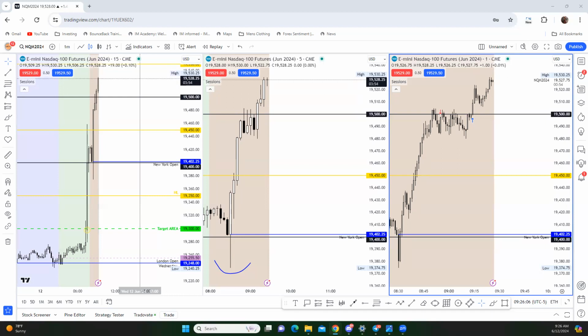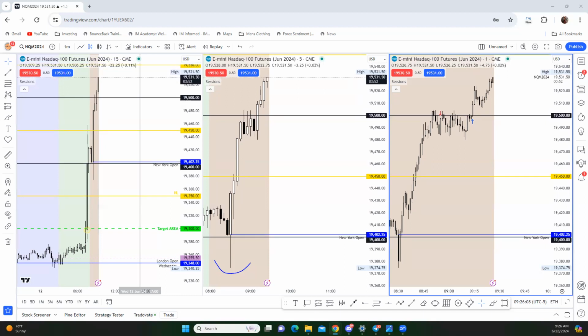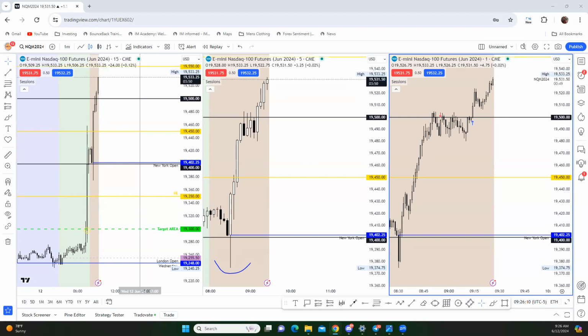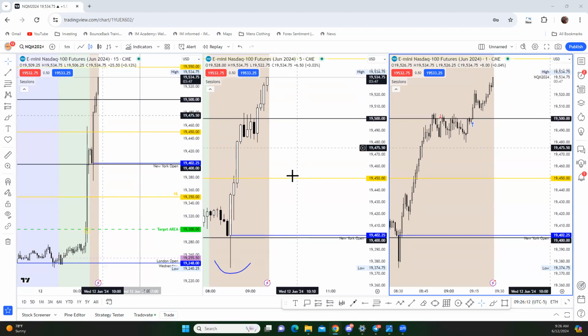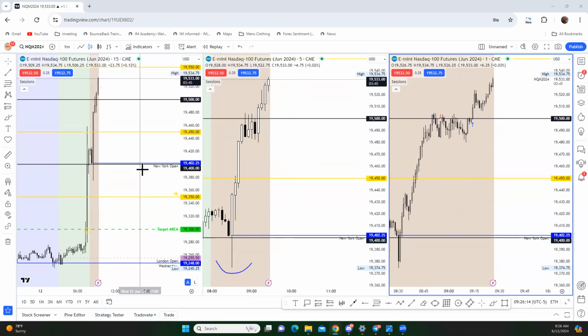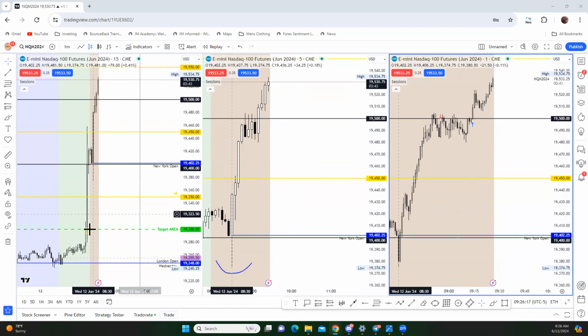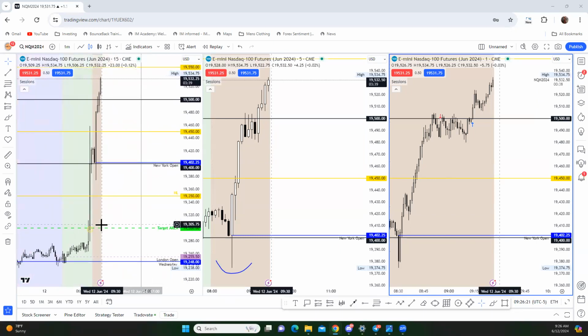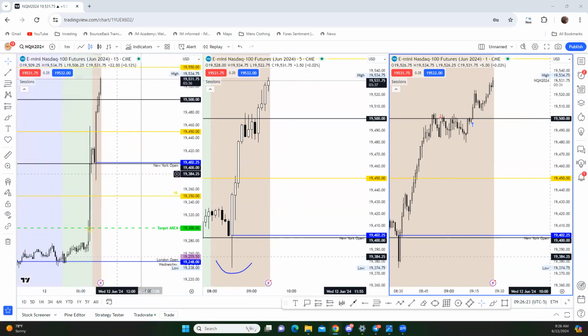I think that's all time highs too for sure there. Getting ready to break 19,550 here in Q. So we've already pushed almost 150 points since New York Open, not even since the news. So if you're in since the news, kudos to you because that's a banger.